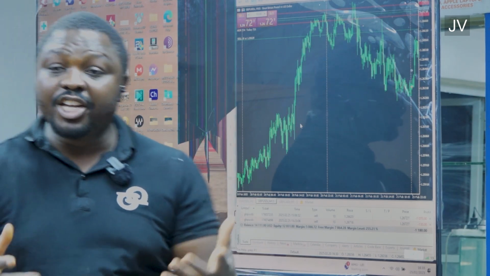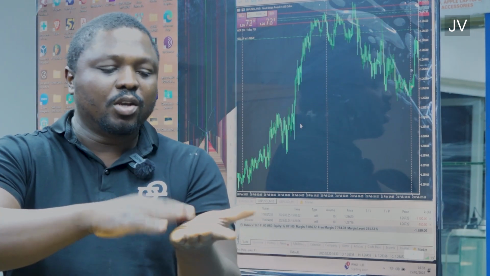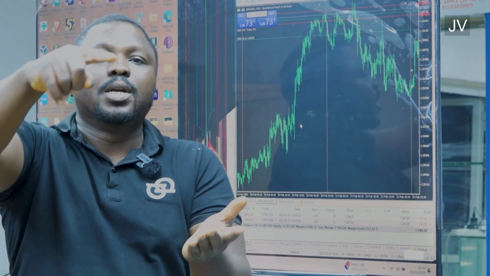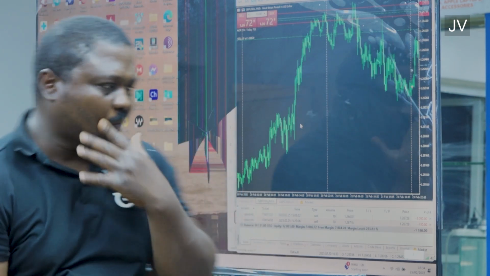Now, what do we mean by range? Meaning that price is bouncing, going up, coming down, going up, coming down, not on a straight line, but it will form a bit of consolidation. Meaning that it will move sideways before it goes up, comes down again, goes up, comes down again for a period of time.